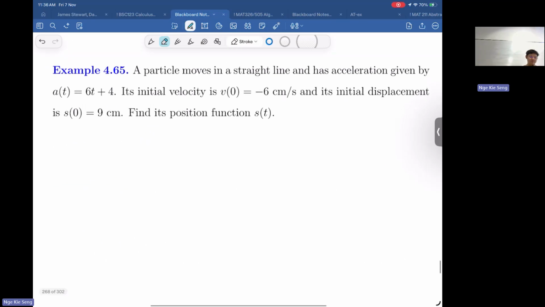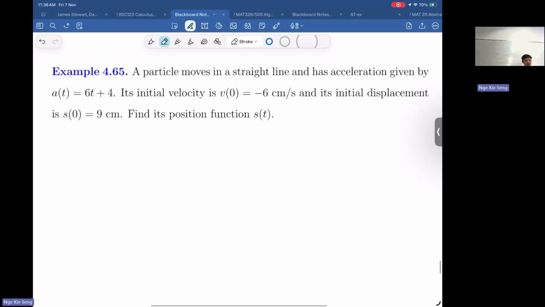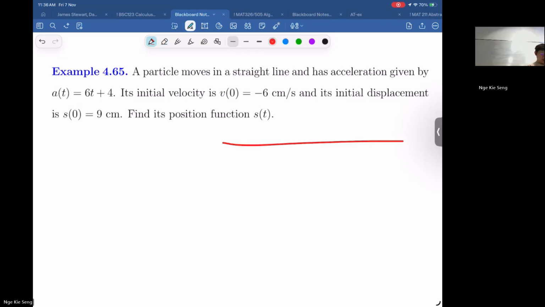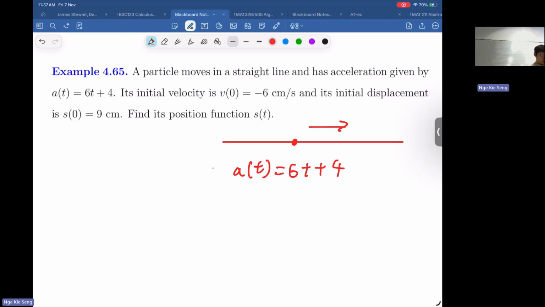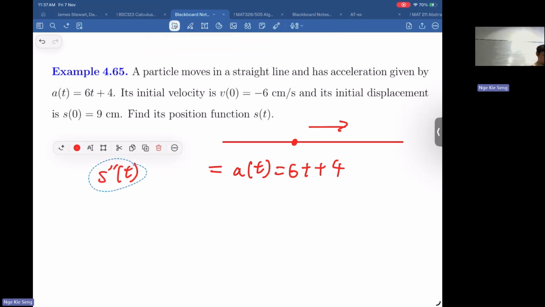How about we do this one? A particle moves in a straight line, so maybe you can draw it. It has an acceleration. Acceleration means what? The second derivative of your displacement, which equals the first derivative of your velocity.